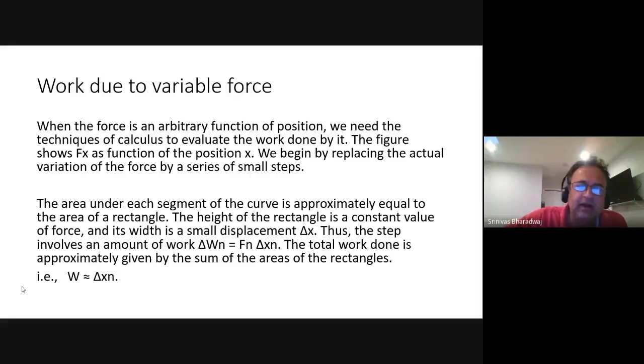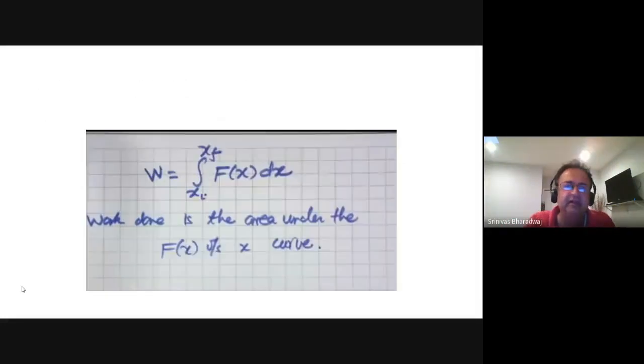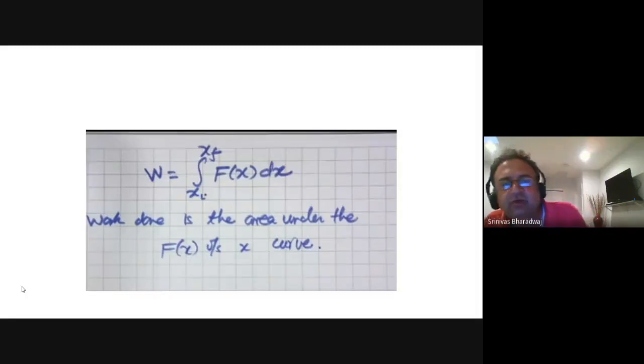To calculate the area, you make little segments and then add those segments. That is called integration, right? So what is the calculus you need to do F dot dx? It is integral F dot dx. So integral F dot dx will give you the work done, which is the area under the force versus x curve.